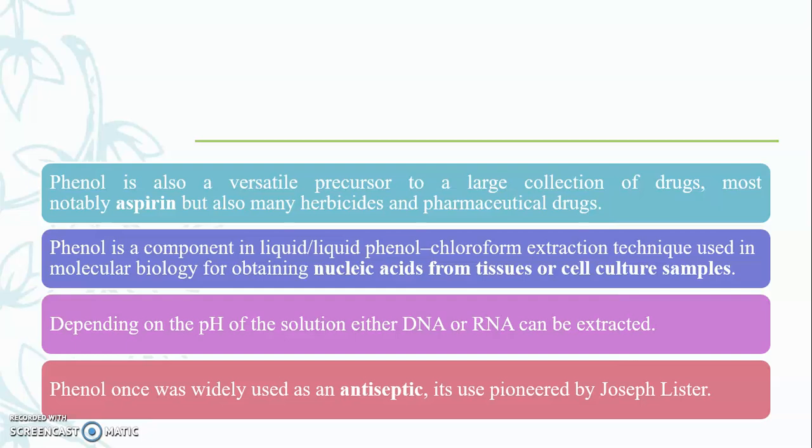The synthesis of aspirin involves the use of phenol as the starting material. Also, many herbicides and different pharmaceutical drugs along with aspirin use phenol as a precursor for the synthesis of different drugs as well as herbicides and pesticides. This is the most common use in the pharmaceutical industry.